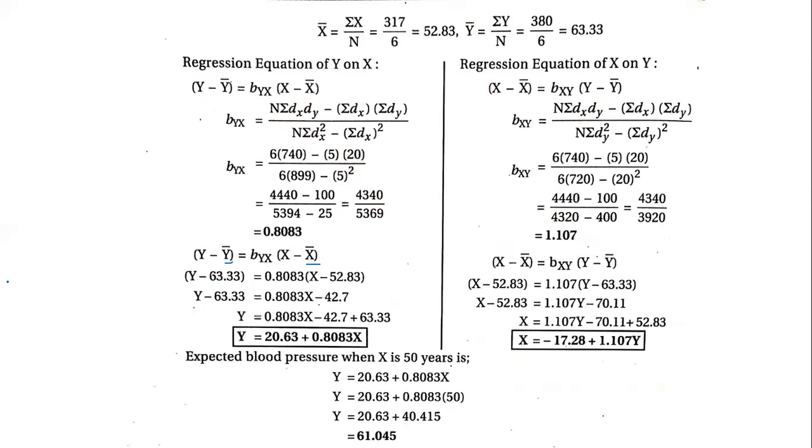So y minus y bar, which you calculated, is 63.33, is equal to byx 0.8083 into x minus x bar, which is 52.83.